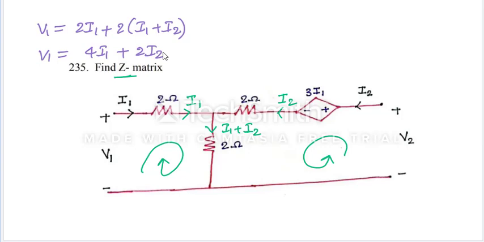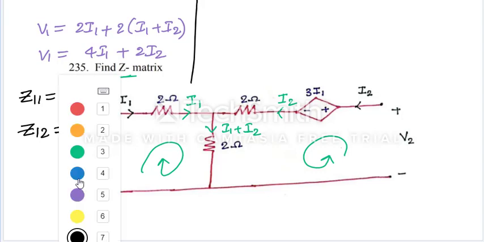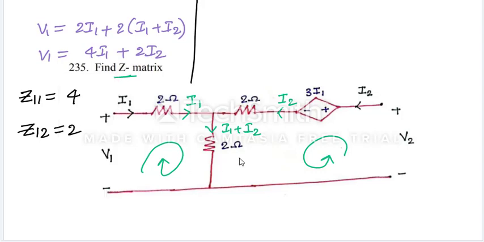This is the standard network equation for the Z parameter equations, or not? From this we can write the Z parameters. Tell me now Z11, which is equal to 4. Next Z12, which is equal to how much? 2 now.